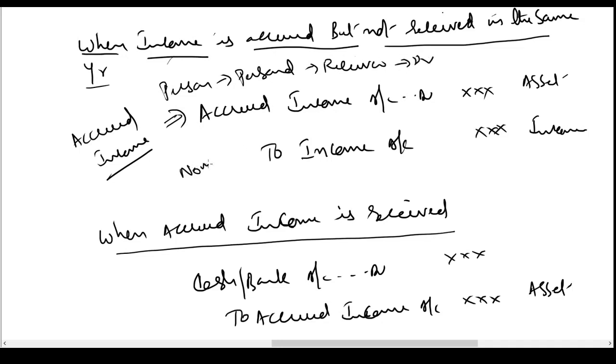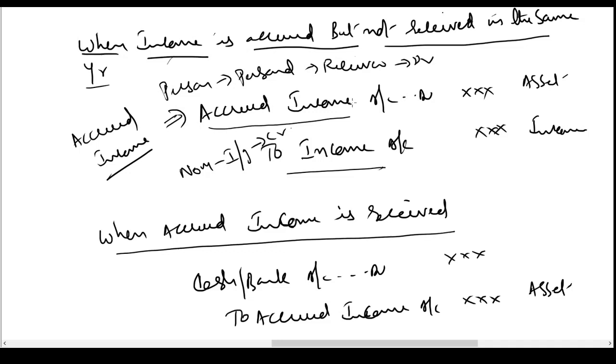This is a nominal account, incomes and gains, credit. So I'm recognizing the income and I'm saying that somebody has to pay me the money. Till the time he pays the money, I recognize him as a debtor in my books of account by using the term accrued income. It is a representative personal account.